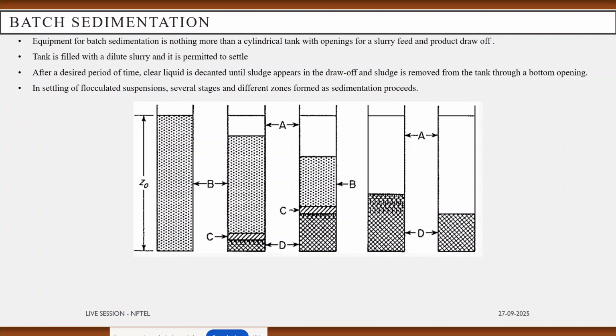Now we are going to discuss the batch sedimentation process. The equipment for batch sedimentation process is very simple, that is a cylindrical tank with openings for slurry feed and product draw off.